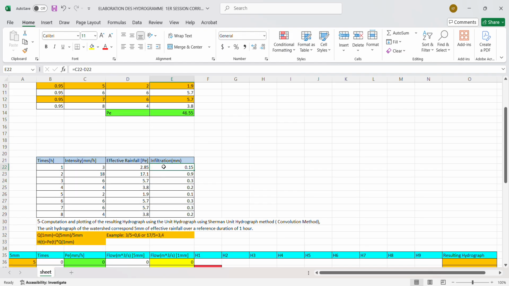Infiltration is the subtraction of the effective rainfall from the intensity.